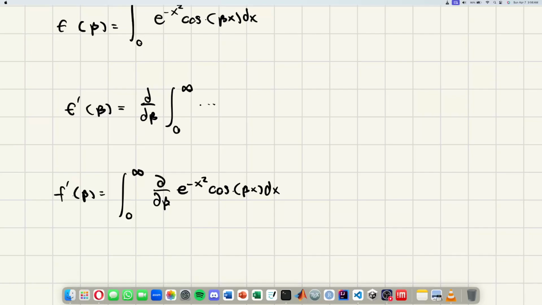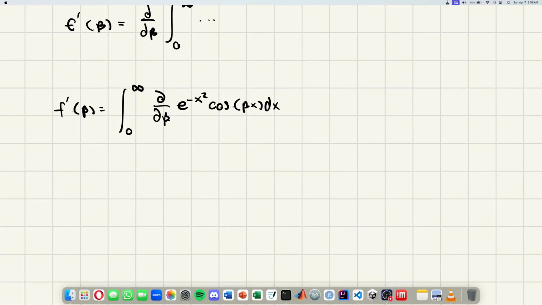So the next thing I want to do is evaluate the partial derivative of this inside function so that we can rewrite our integral, because we can't leave it like this. So the partial with respect to beta is going to be very nice because we can just take out this e to the minus x squared as a constant because there's no beta term in it. And then cosine beta x.